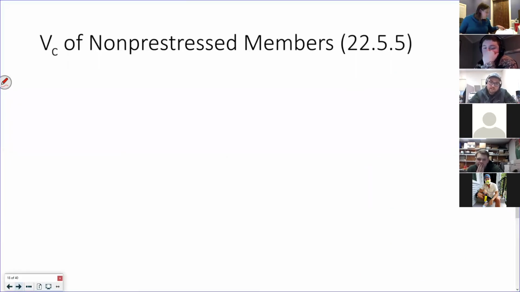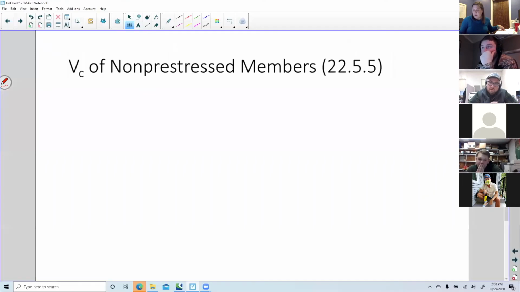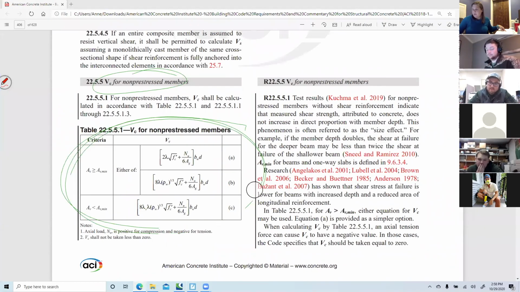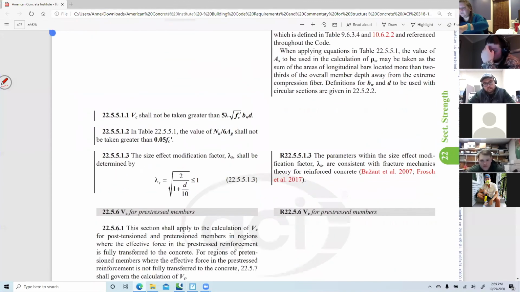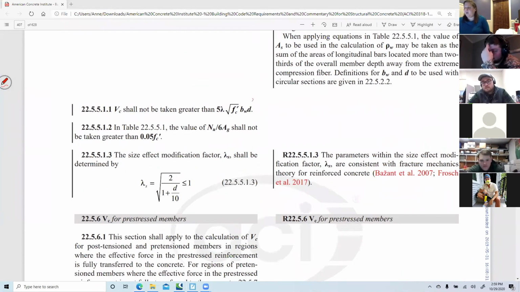If you go to the next page in your ACI manual, there are some other notes. You can't have more than 5 lambda root f prime c.